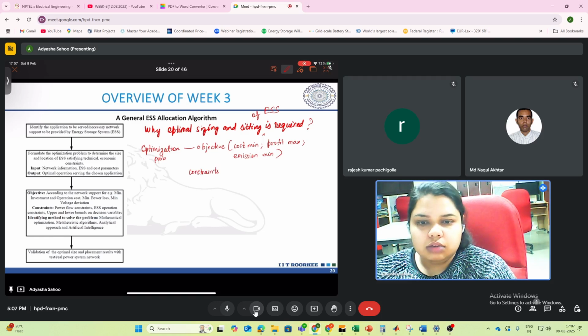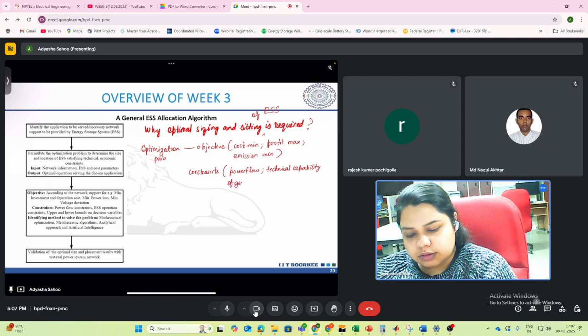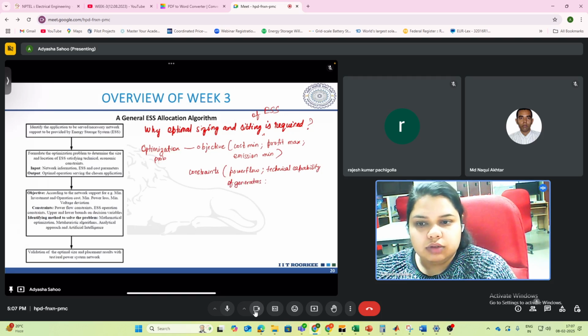Constraints are nothing but the equations which model the physical characteristics of the system. So constraints which will model the power flow through the lines, power flow equations. Then there will be constraints with respect to your technical capability of various resources such as generators, because you know the generators can generate only within their maximum rated capacity.